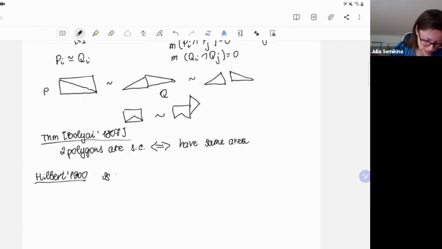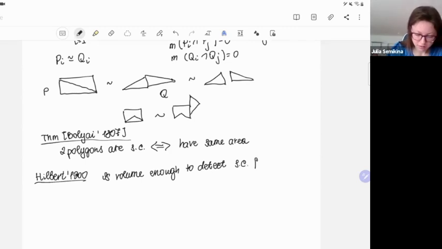So is volume enough to detect Caesar congruence for polyhedra? And the answer is no.